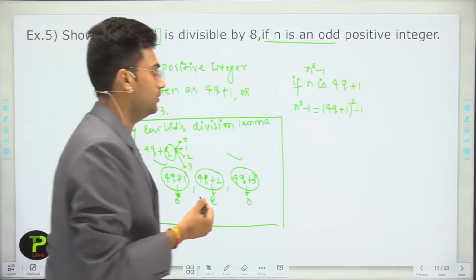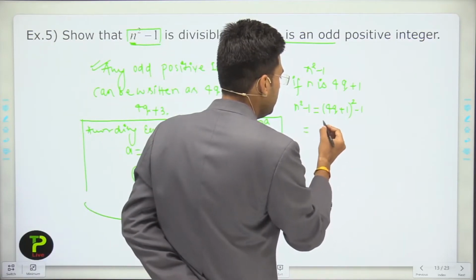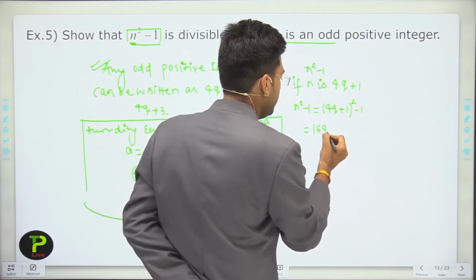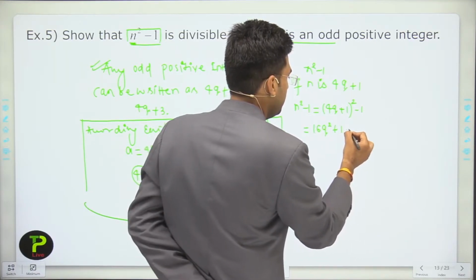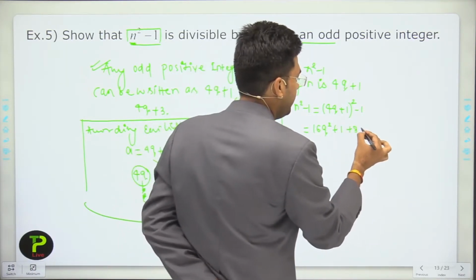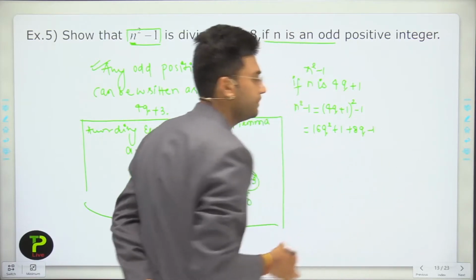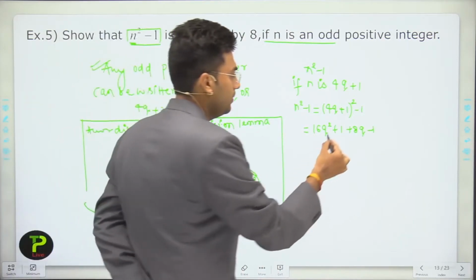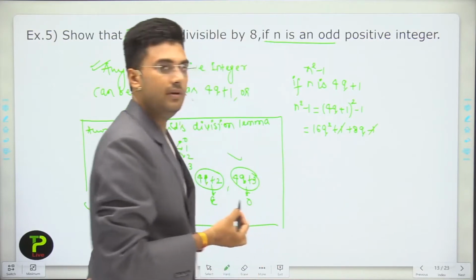Now it is equal to 16q² plus 1 plus 8q minus 1. Clear? Now this 1 and 1 cancel out.